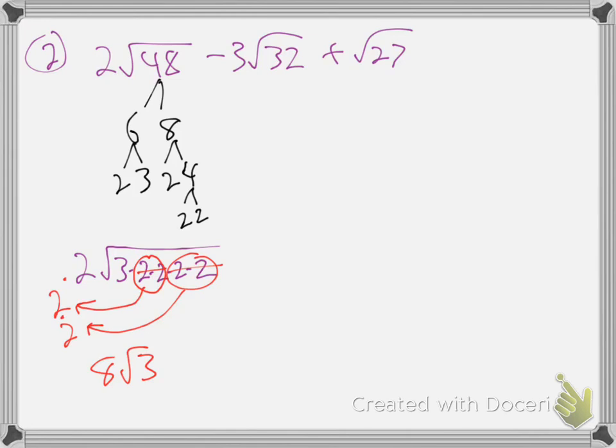Now break down the 32 and the 27, same thing. So the 32, 4 times 8. And the 4, 2 times 2, the 8, 2 times 4, the other 4, 2 times 2. We good there?